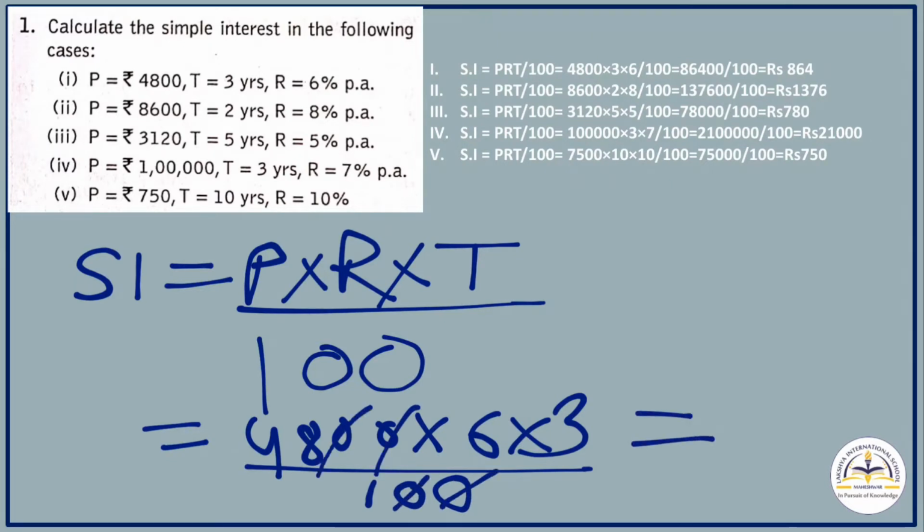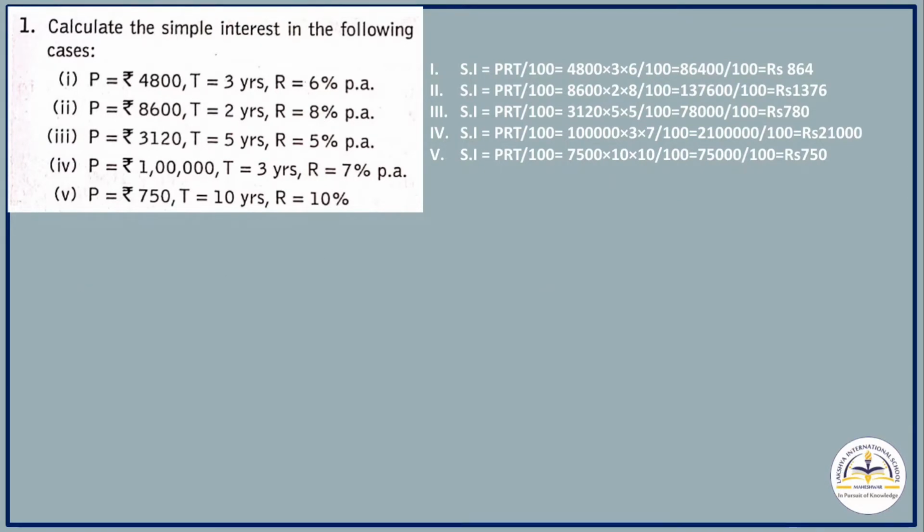Zeros cancel out, and when you multiply them you will get the answer 864. So this will be the simple interest of question number 1.